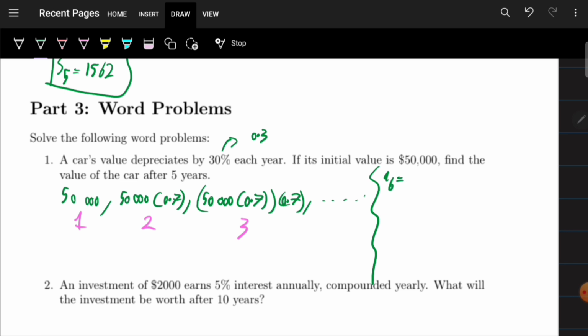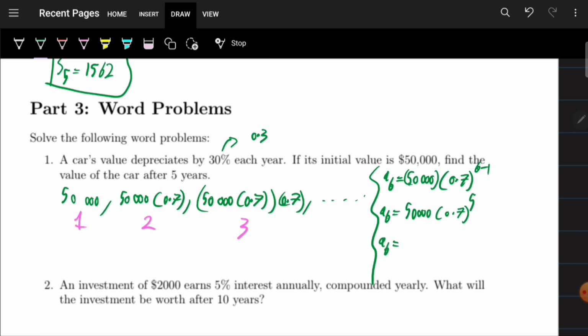That's going to be equal to the initial value of 50,000 times the common ratio, which is 0.7, to the power of n minus 1, so 6 minus 1. So we get that a 6 is equal to 50,000 times 0.7 to the 5.